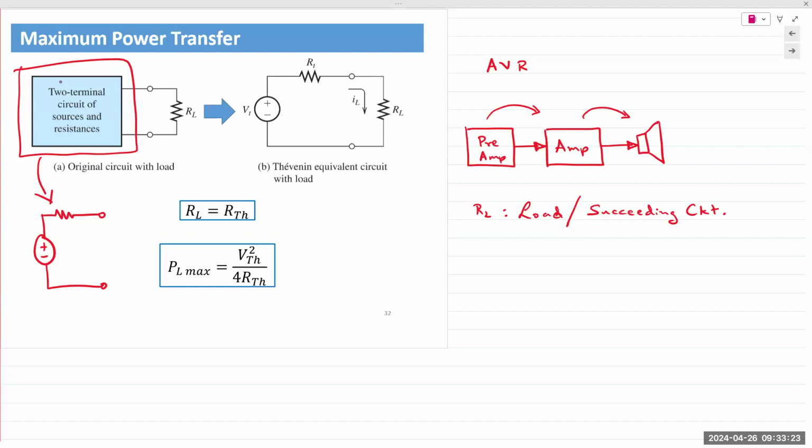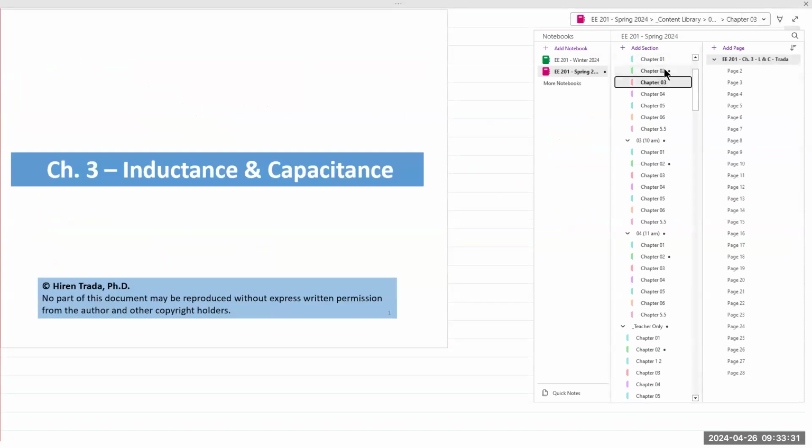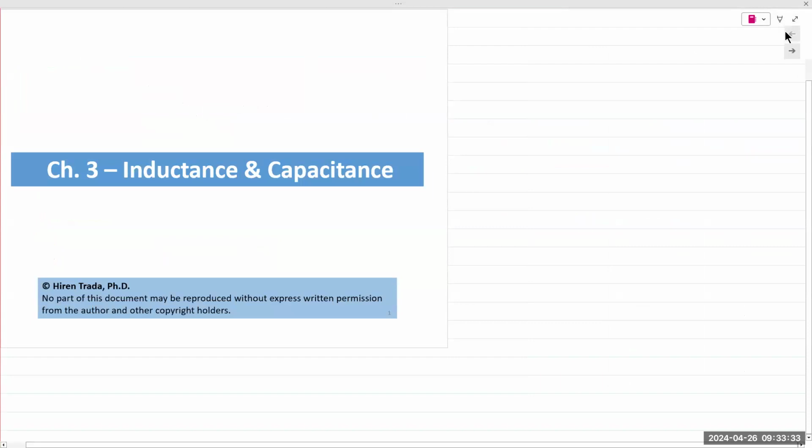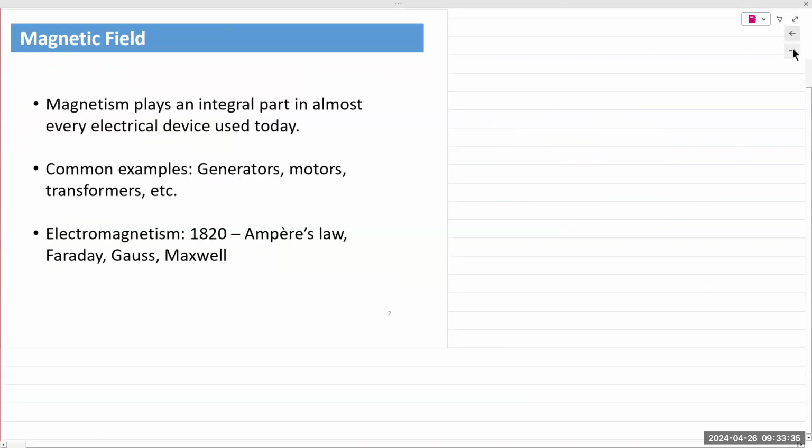All right. So that's the end of chapter 2. Let's go on to chapter 3. Capacitors and inductors. Now, you have students do a bit of inductors and capacitors in the physics classes, right? I think some students previously told me they did something in high school also.